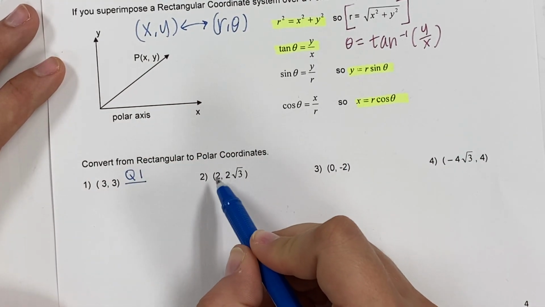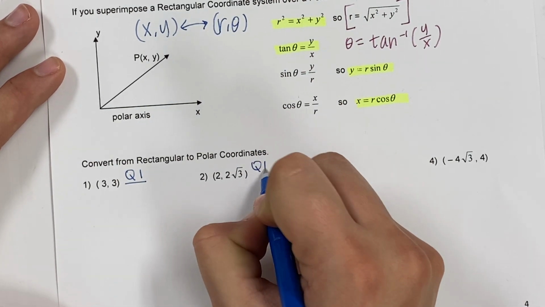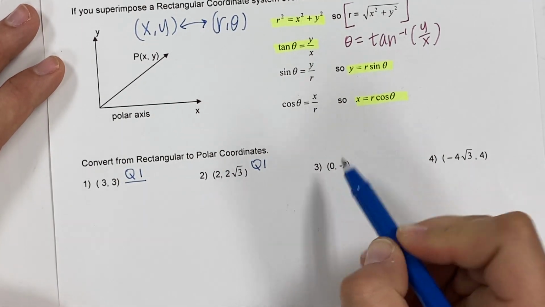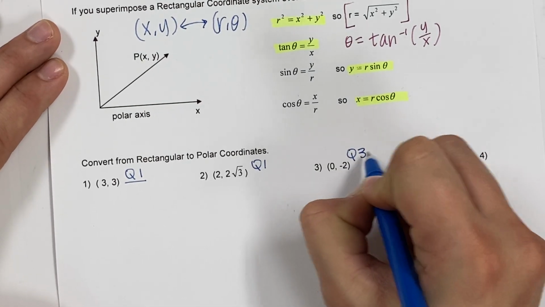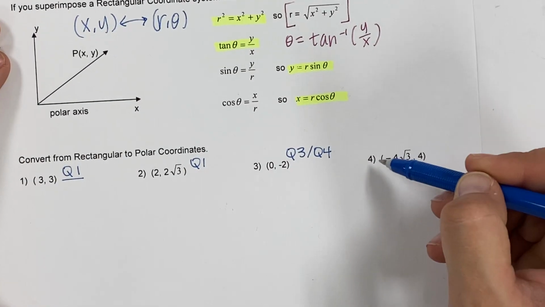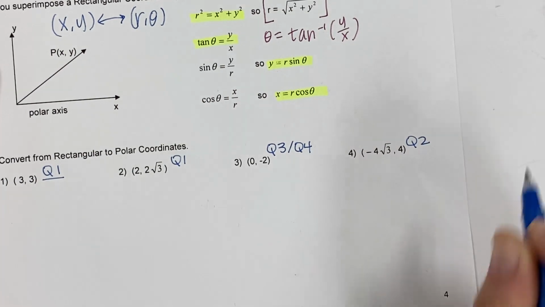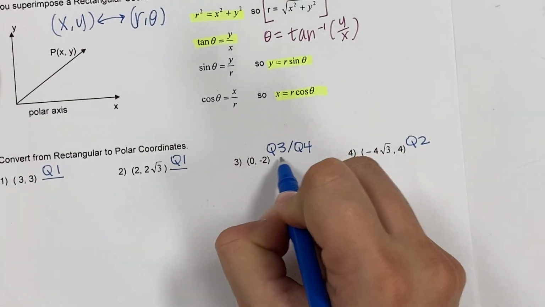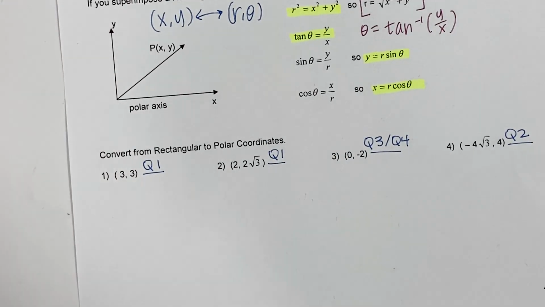If we're gonna plot right 2, up 2 root 3, that's still quadrant 1. 0, -2, that's that line between quadrant 3 and quadrant 4. And then left and up, that's quadrant 2. Okay, so this will be the way that we kind of check our answers in the end to make sure that they're in the right quadrant.